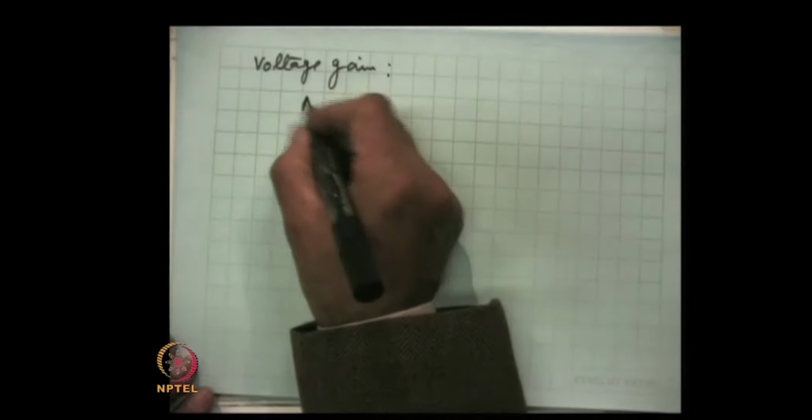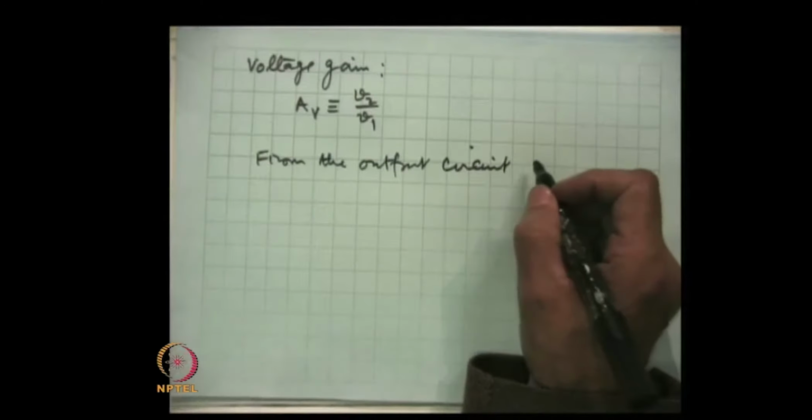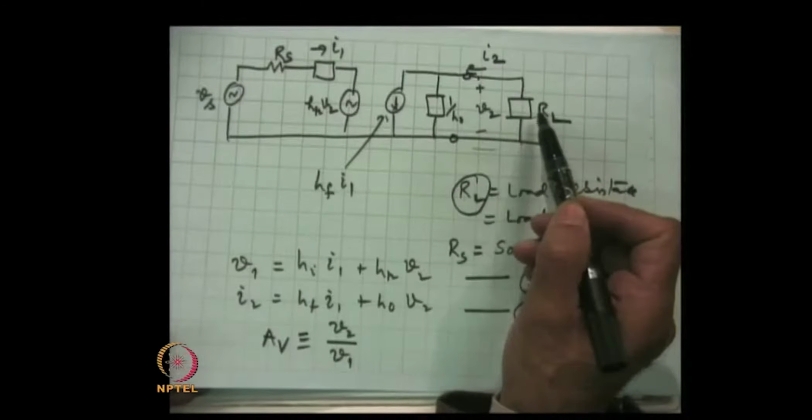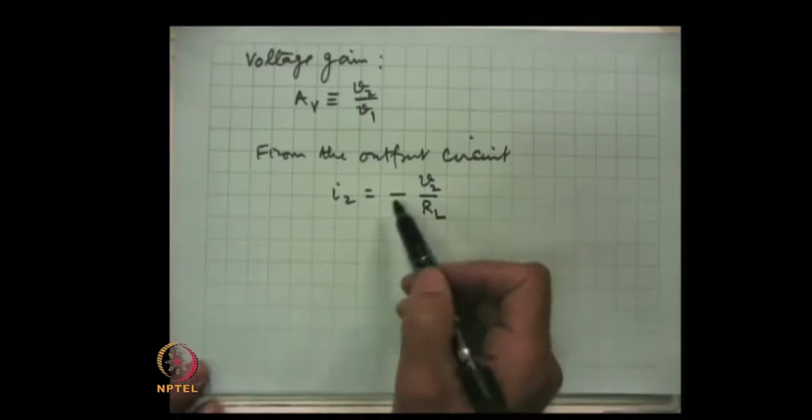So, now from the output circuit of this figure here, this is the output circuit, this is I2, this is the voltage V2 which appears across this load RL, and hence I2 is equal to minus V2 by RL. Why minus sign?